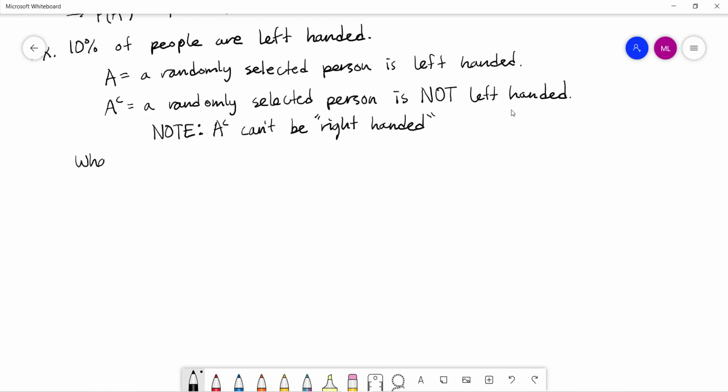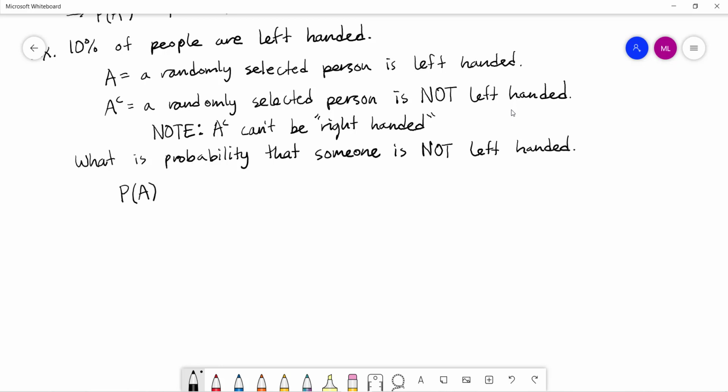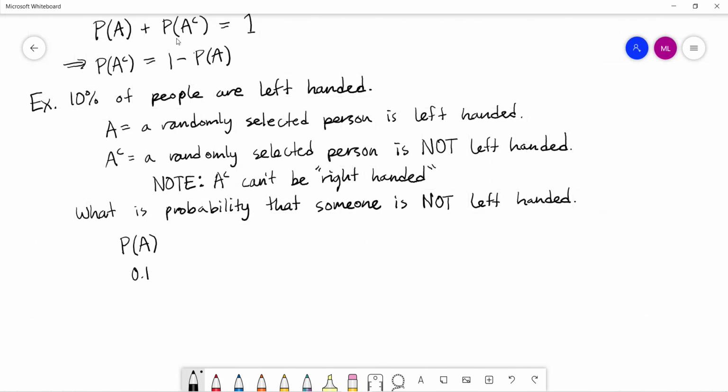But using that, we can now ask the question, what is the probability that someone is not left-handed? Basically, we just said that the probability of event A, which is being left-handed, is 0.1. 10% written as a decimal is 0.1. And according to our formula up here, the probability of A plus the probability of A complement has to add up to 1.